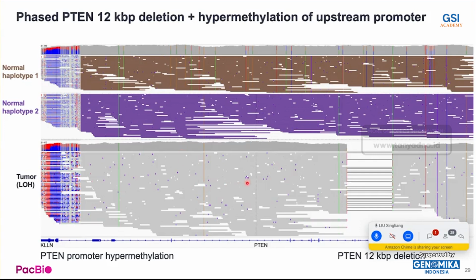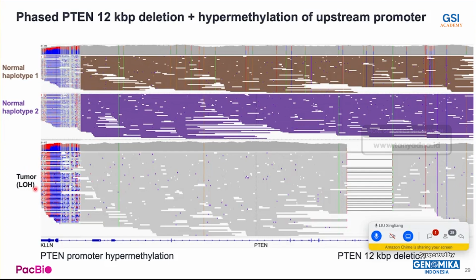Here in the melanoma cell line we tested, within the PTEN tumor suppressor gene, we could detect in the tumor sample a 12 kb large-scale deletion, which might be missed by other technologies. Along with this 12 kb deletion, we could also identify tumor-specific somatic hypermethylation within the PTEN promoter region. These two events might also be associated with each other, right?